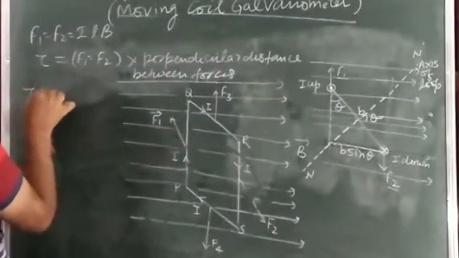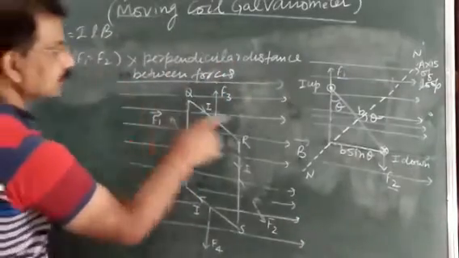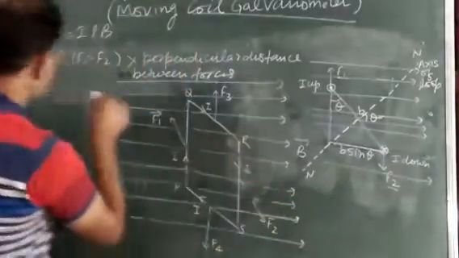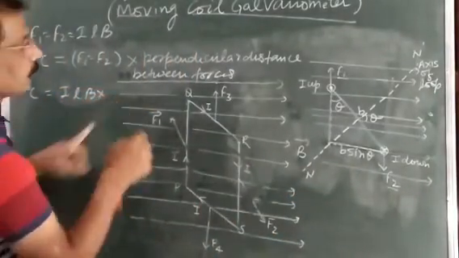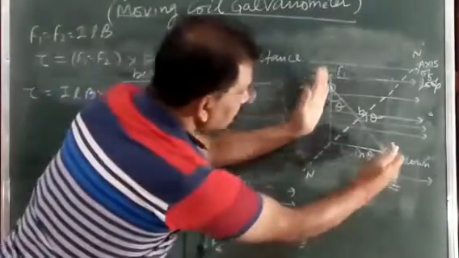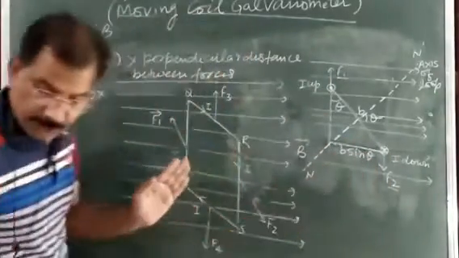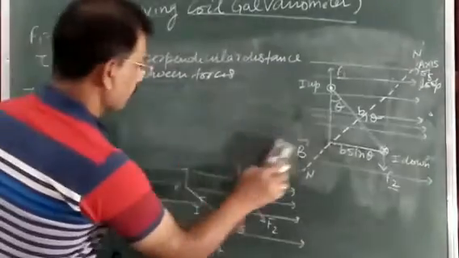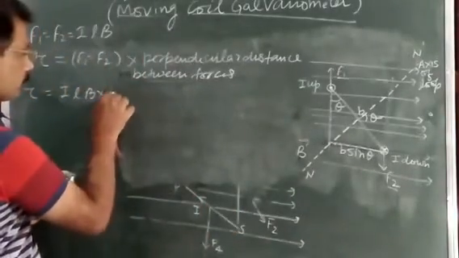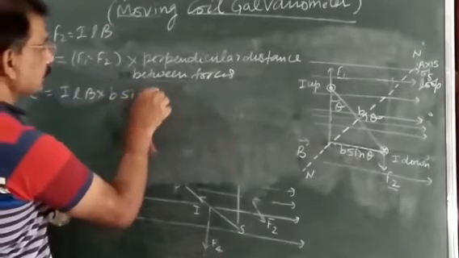And you can see here tau is equal to, what is the magnitude of this force, F1 or F2? ILB into, what is the perpendicular distance between these two forces? B sine theta. So ILB into B sine theta.